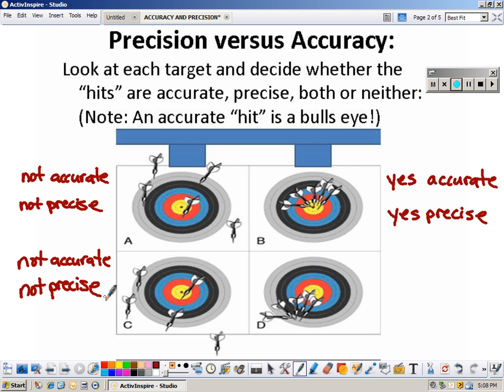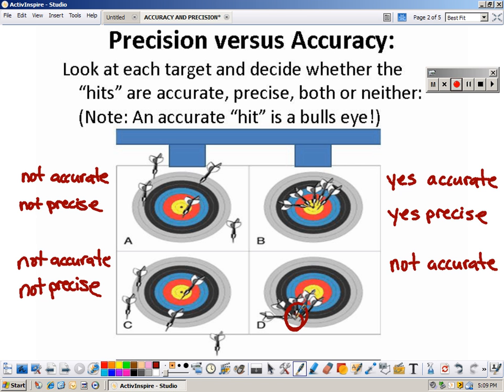Alright, now looking at example D, none of those darts hit the bullseye, so they're not accurate. But if you notice, they are focused in a particular area, like the lower left-hand corner. They're all more or less focused in this region here.